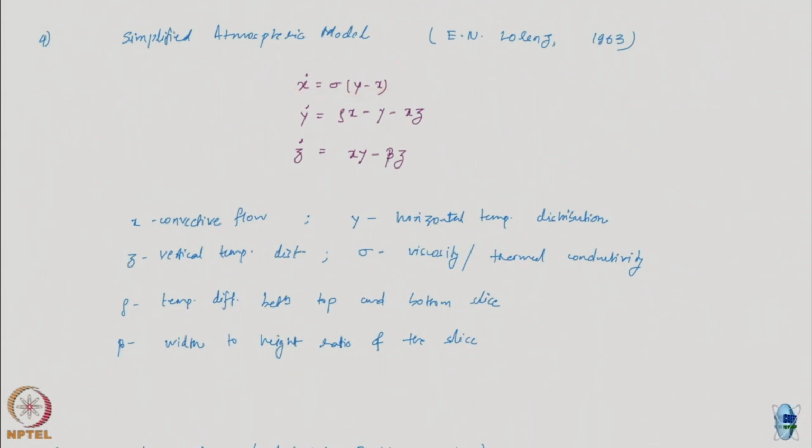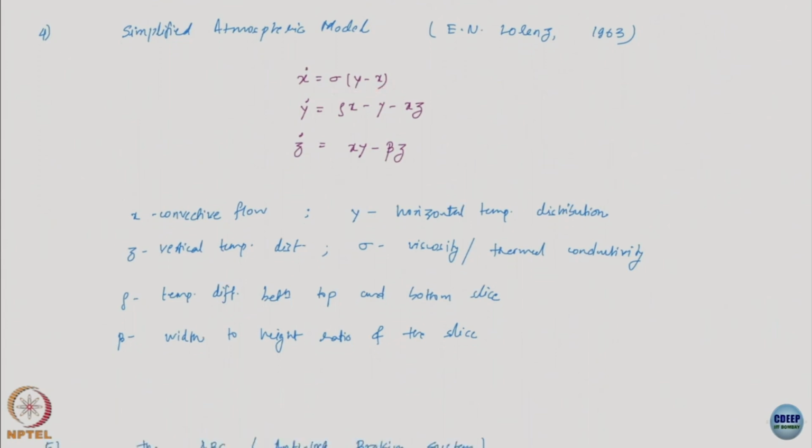This is the convective flow variable, so this is just linear. It depends just on y minus x, the temperature distribution and the convective flow variable itself. Then the y variable here has this nonlinearity, an x times z, and similarly the z variable, the vertical temperature distribution, also has this nonlinearity.